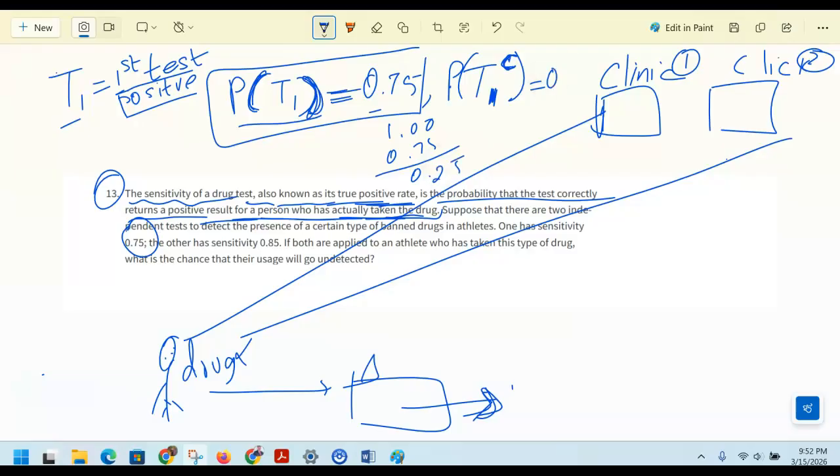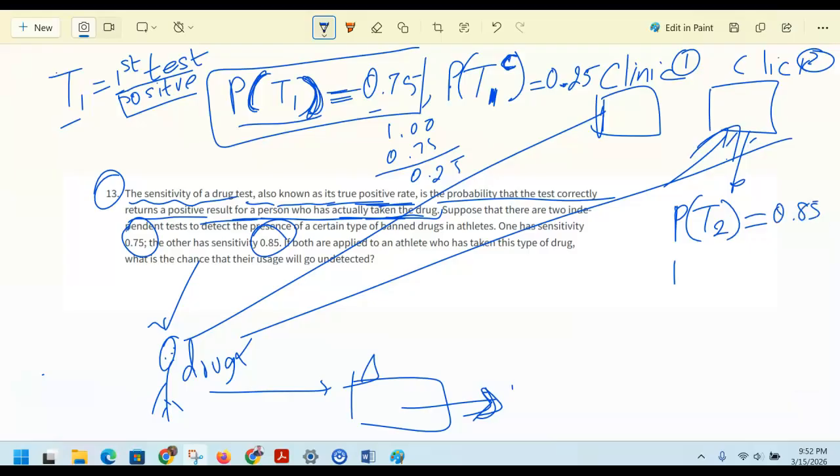That means the patient, this guy, can get away undetected. So that will be 0.25, 25%, in the first case. Here, T2 stands for the event that the second test is positive. That means the chance that he will test positive here is given as 0.85.